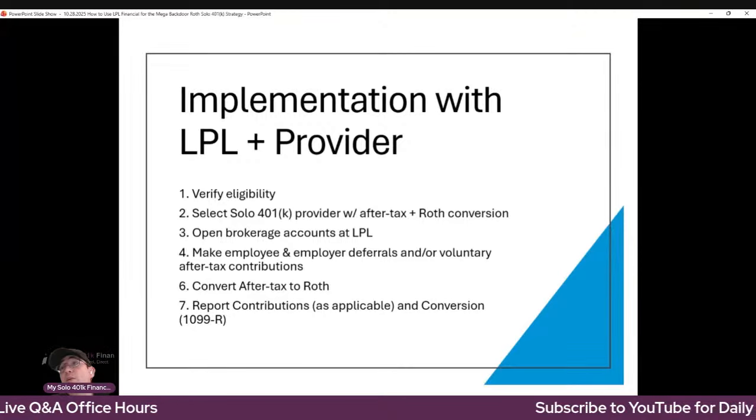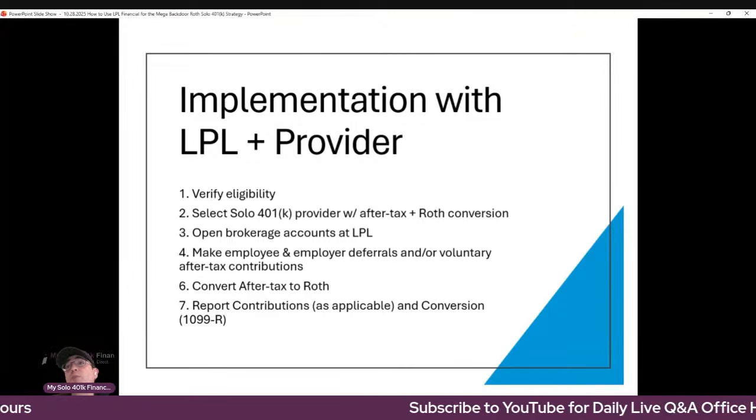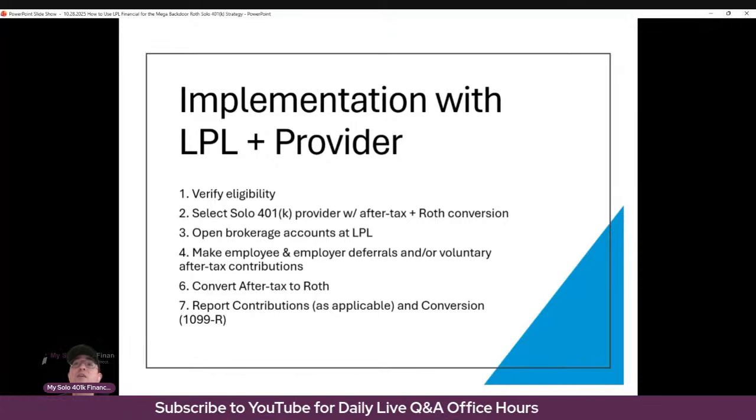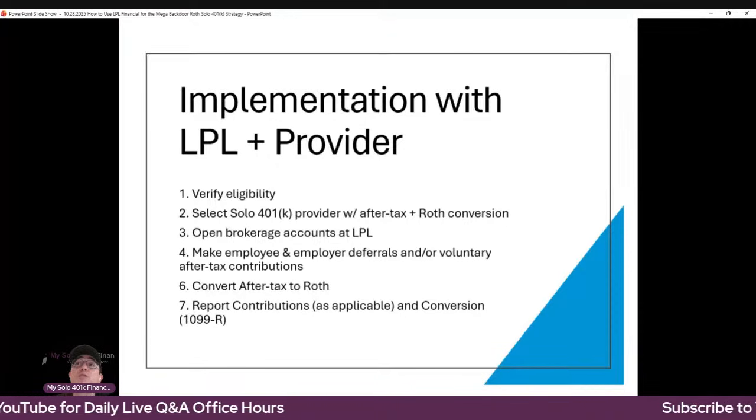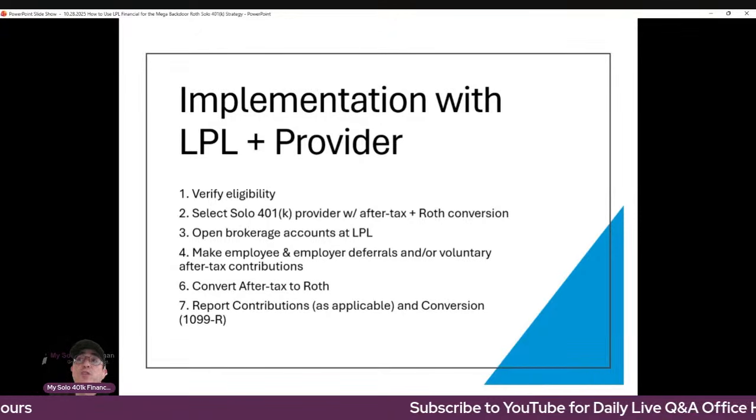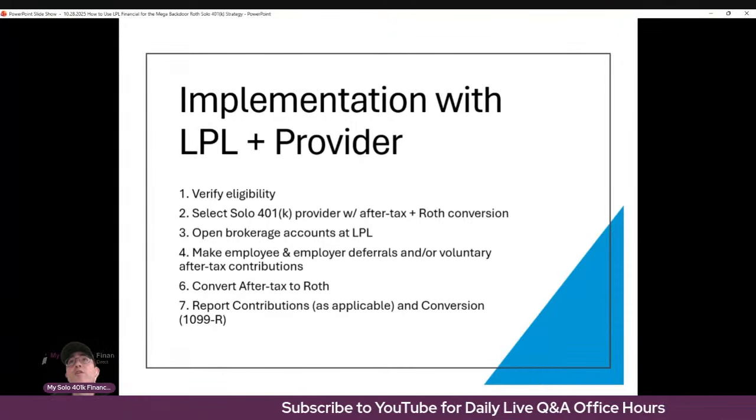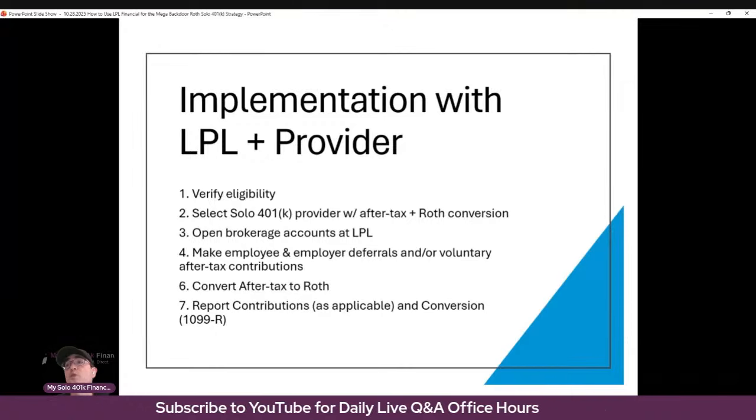So I'll skip the employee, I'll skip the employer, and I'll just make 100% voluntary after-tax. And if they have the self-employment income to justify it, then they could contribute the full $70,000 as a voluntary after-tax contribution and then transfer those funds from the voluntary after-tax Solo 401k account to either a Roth Solo 401k or Roth IRA.